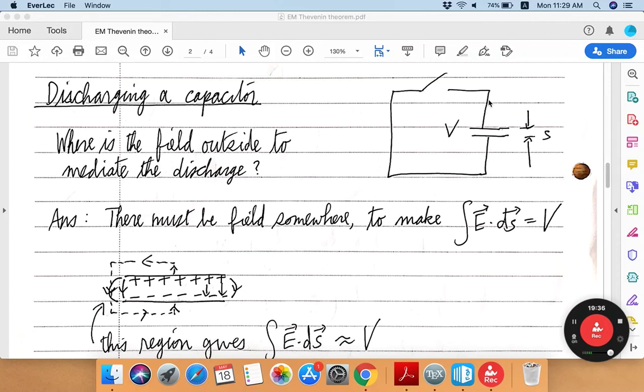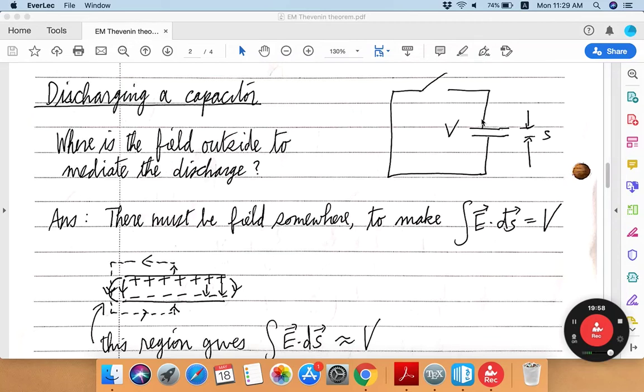So without any electric field and any EMF to power the electronic motion, how are we supposed to create the movement of charges from one side of the plate to the other?